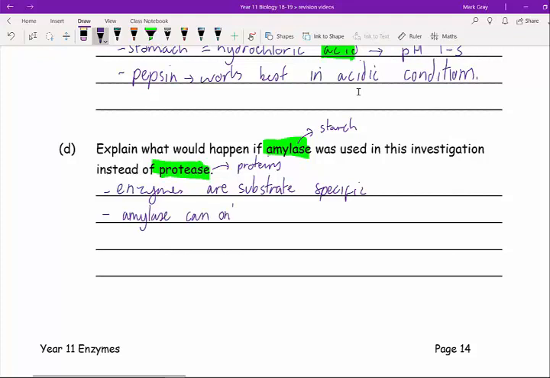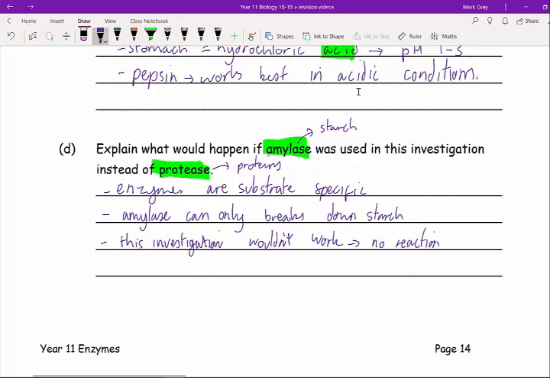Amylase can only break down starch. So this investigation wouldn't work, or there would be no reaction.